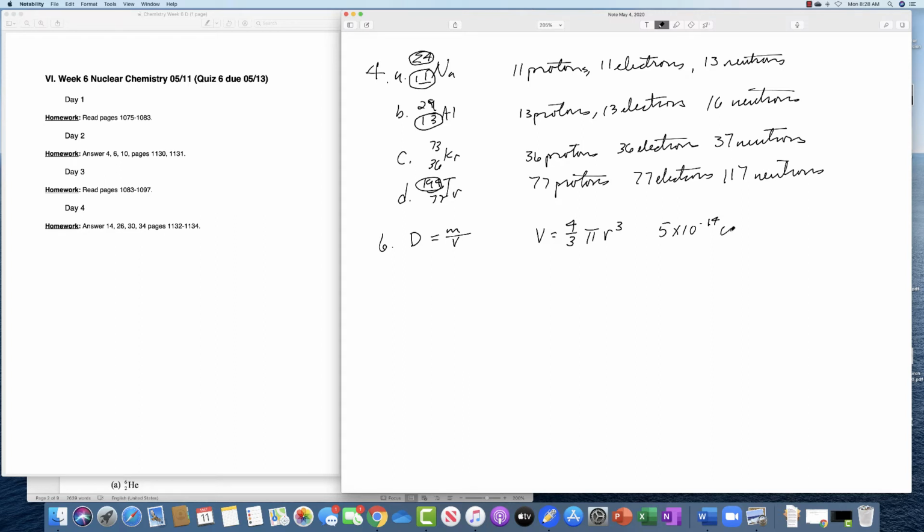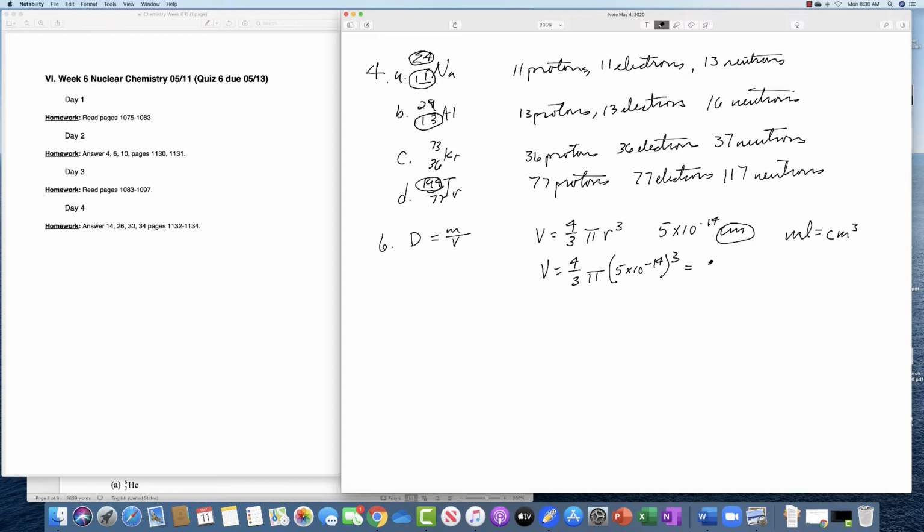centimeters. Now, a milliliter, by the way, in case you forgot, is a cubic centimeter. So we don't have to change this unit in order to do this. So then volume is equal to 4/3 pi times r, which is 5 times 10 to the minus 14, cubed.